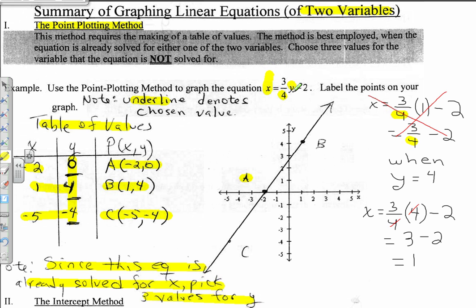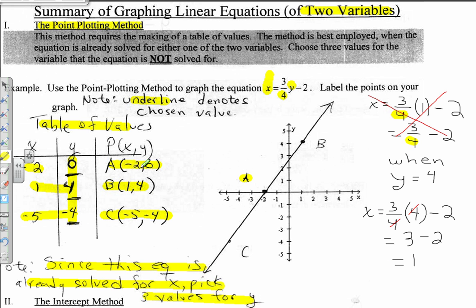And I don't want to be solving equations since this one's already solved for x. So all I do is pick values for y, and it just works out the way it did right here. See how when I pick y to be 4, the 4's cancel out, and I get 3 minus 2, which gives me 1. There's nothing to solve since it's already solved for x.